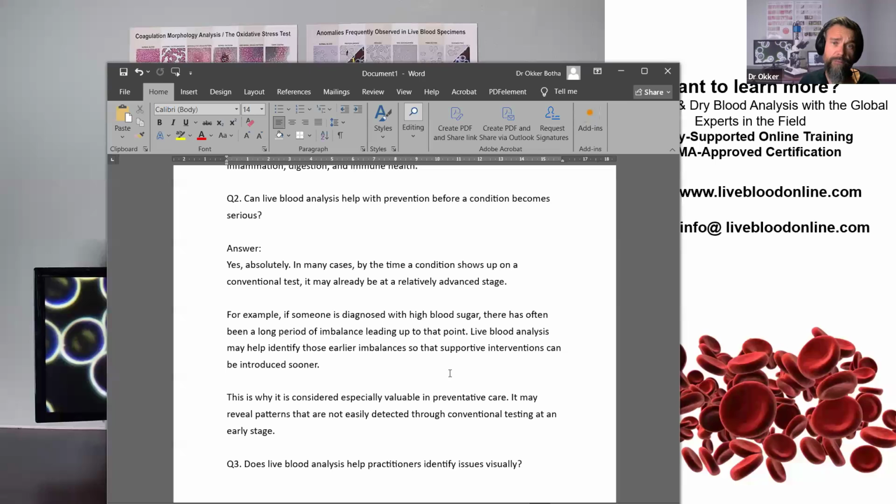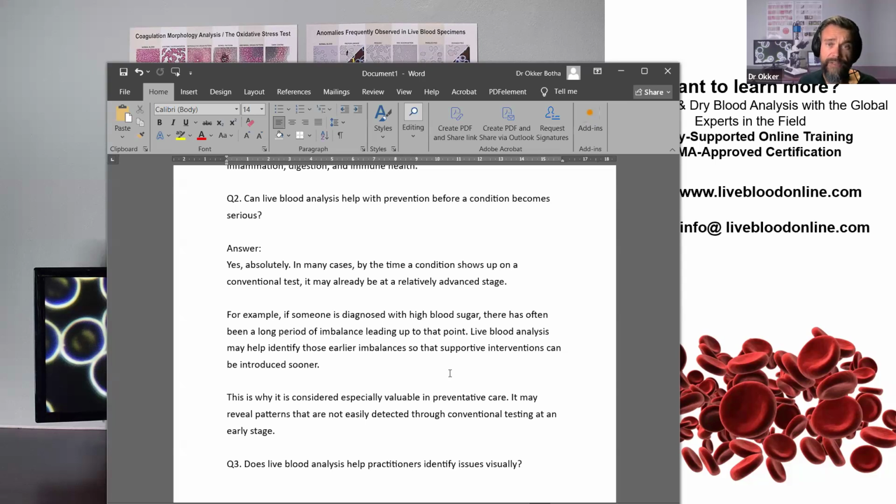But if you look at what is being measured, it really isn't part of a preventative strategy, because once your blood sugar level becomes abnormal, it's already at quite a late stage, and you should really have implemented various changes and interventions long before getting an abnormal blood sugar reading.